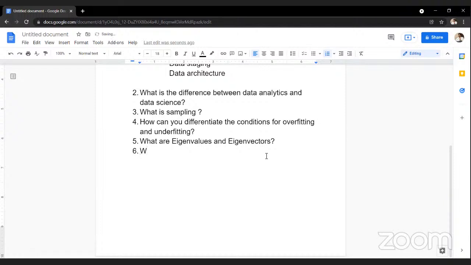What does it mean when the p values are high and low? How can you define the p values?